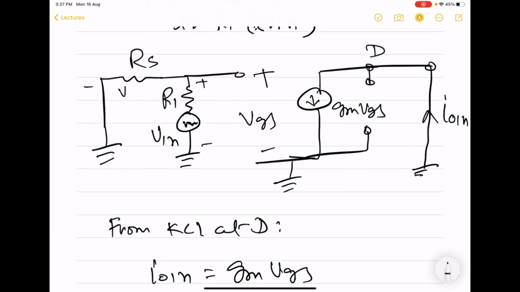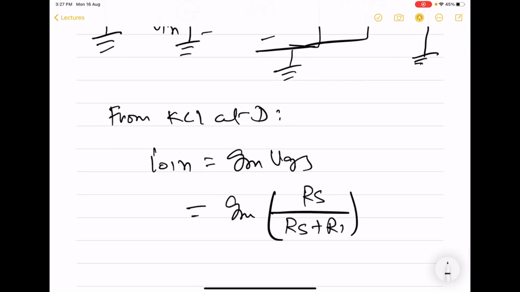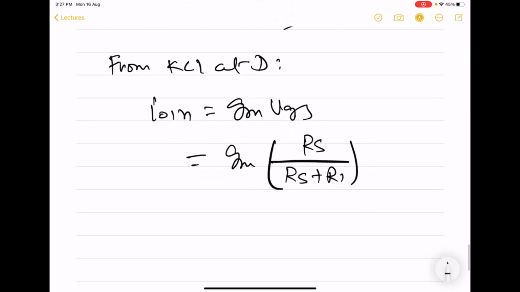So VGS is RS divided by RS plus R1 into V1n.